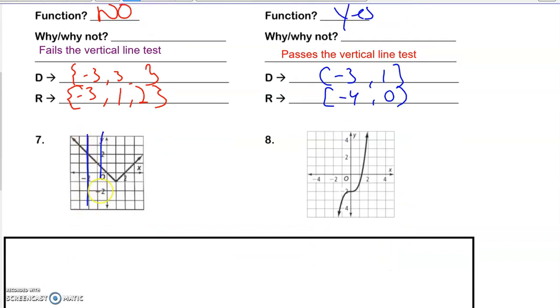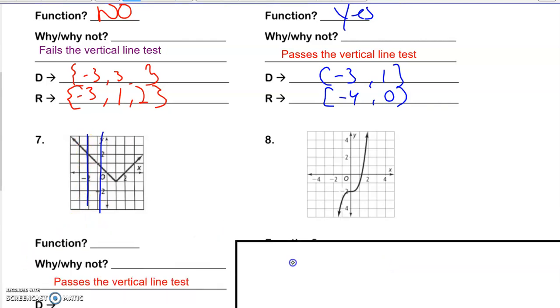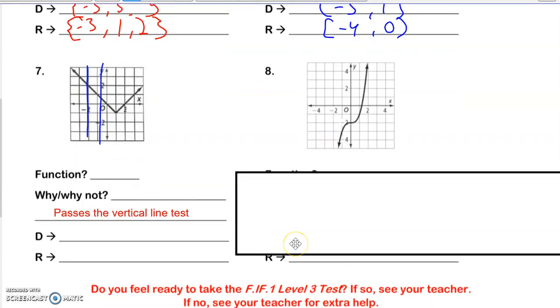If I drew my line on here, yes, it does. It passes the vertical line test, so yes, it is a function. This function has arrows, it goes from right to left, so we know it's negative infinity to positive infinity for both x and y.